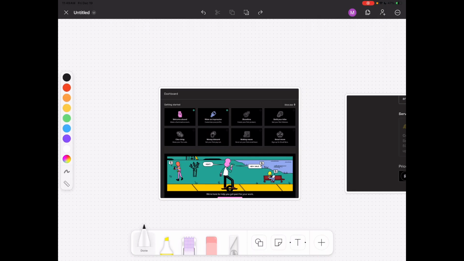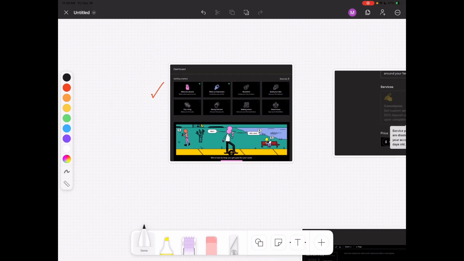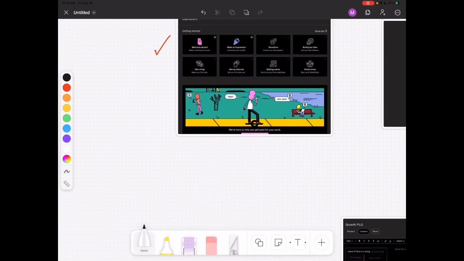Now, I love a good getting started checklist. It's what I look for, because obviously when you go into a product, I'm like, what the hell is happening here? One thing I would appreciate, because of the nature of GumRoad, is if there was a little module here, maybe at the bottom, that asked me what service I'm trying to sell, and then showed me templates of that specific service to help me get started.